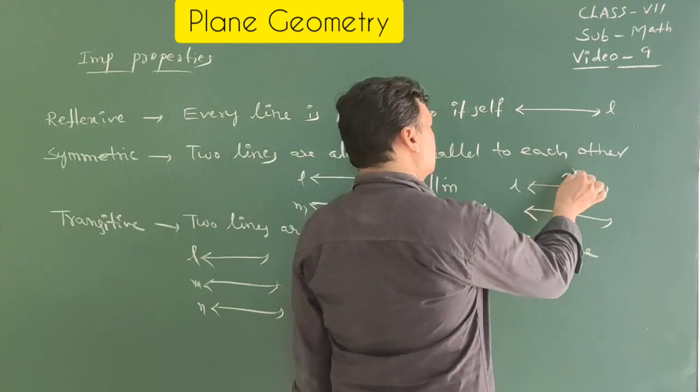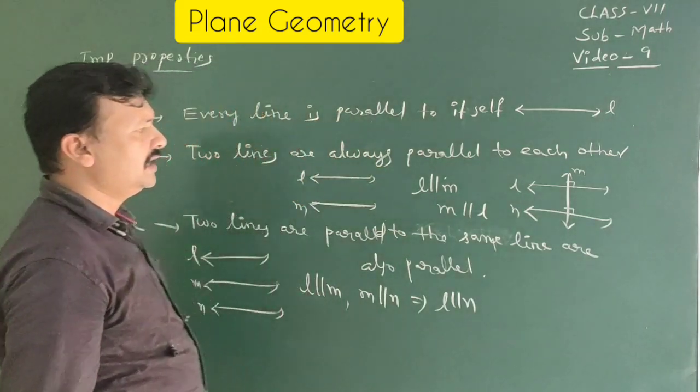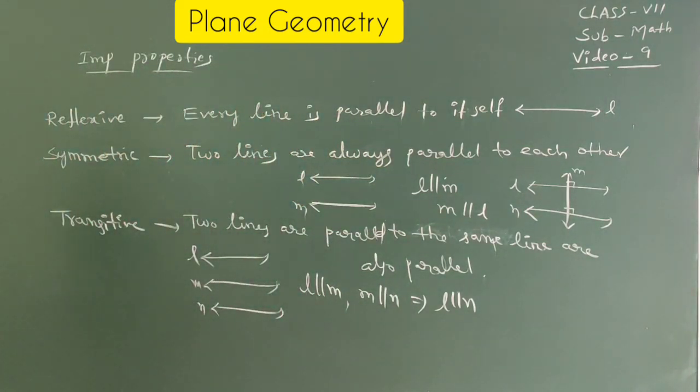Here L is perpendicular to M, M is perpendicular to N, then L and N are parallel lines only. If they are perpendicular, transitive is not true.